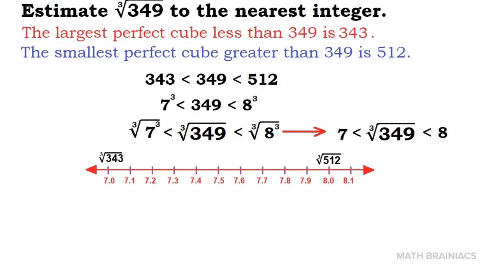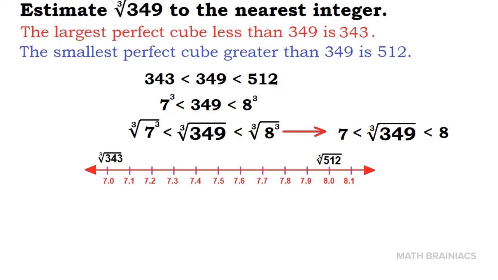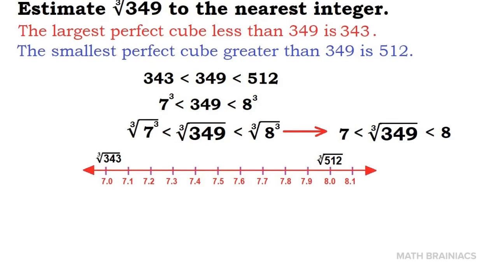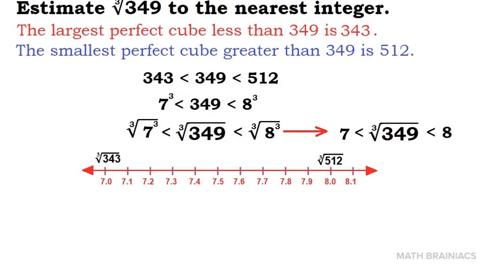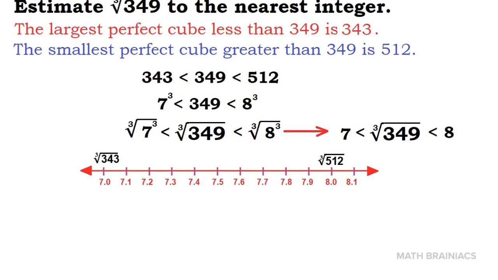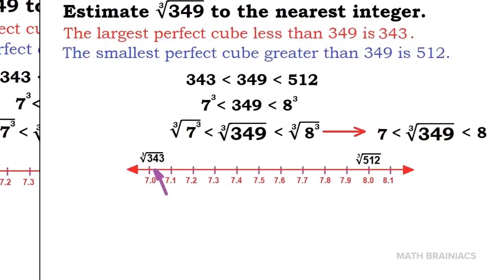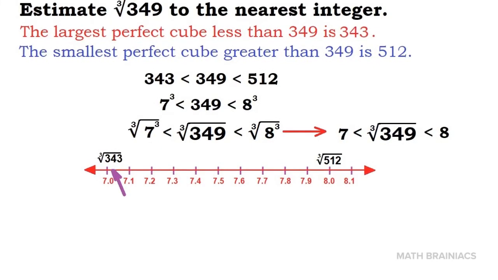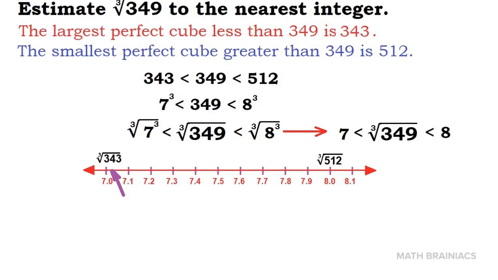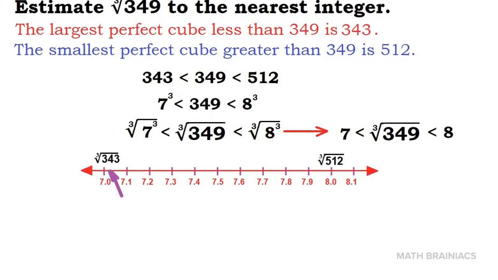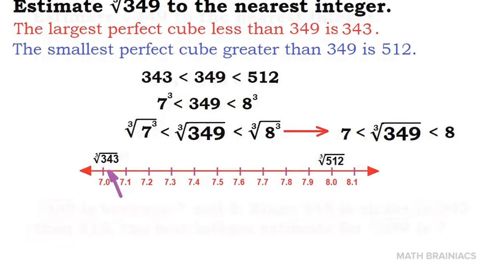On the assumption of plotting it on the number line, the first integer will be 7, which is cube root of 343, and after 10 intervals, we're going to plot 8, which is cube root of 512. The cube root of 349 is 7.04, so it lies between 7.0 and 7.1, but closer to 7.0.